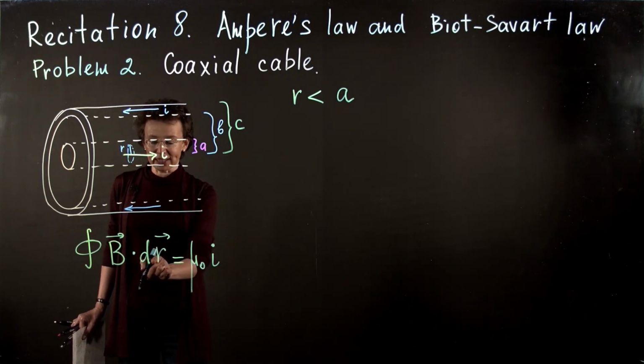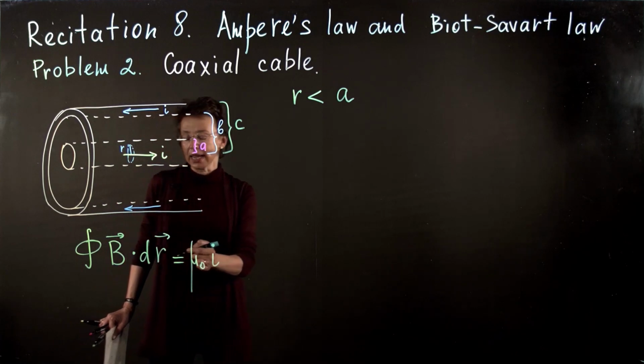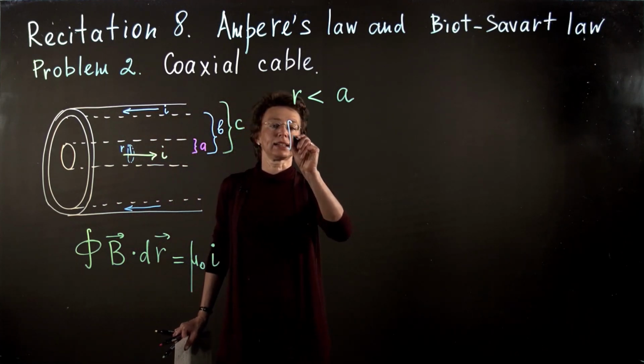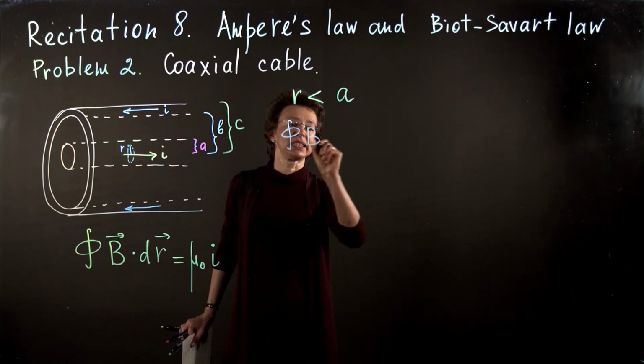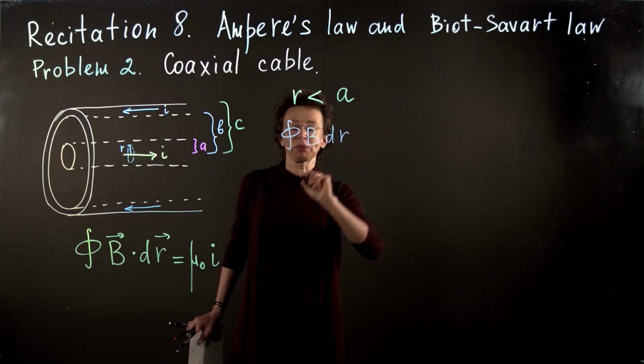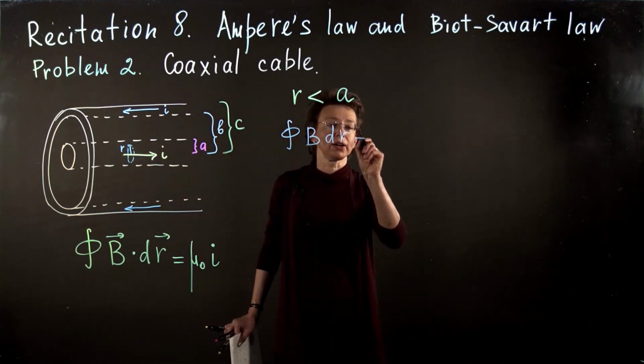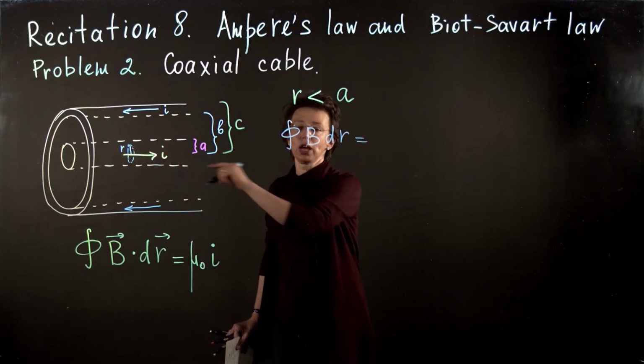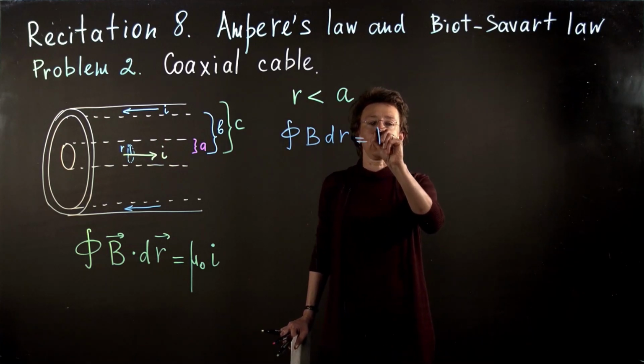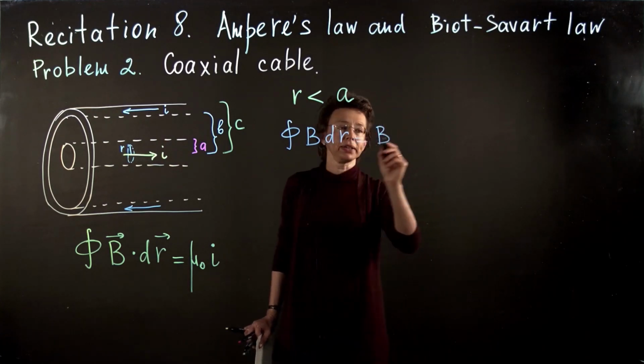So the left-hand side, B dot dr, is simply the integral of B times dr. From symmetry, I understand that B is the same at each point of this loop. So I can take B out of this integral.